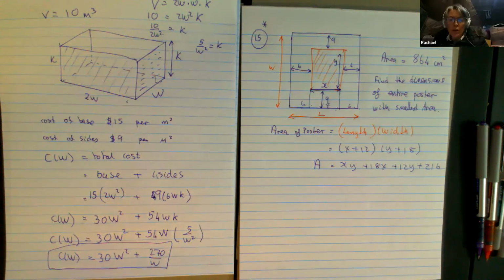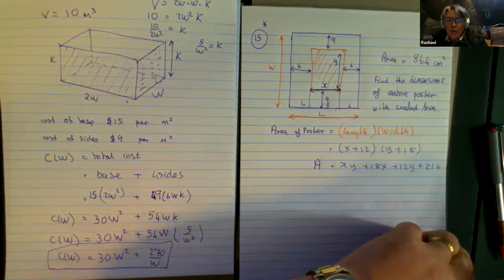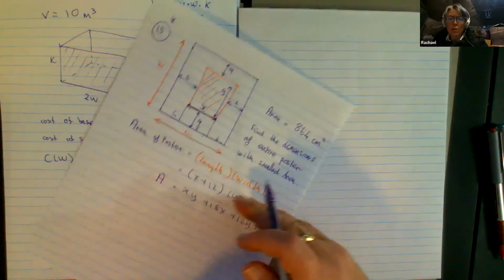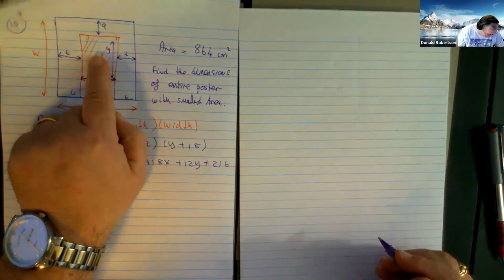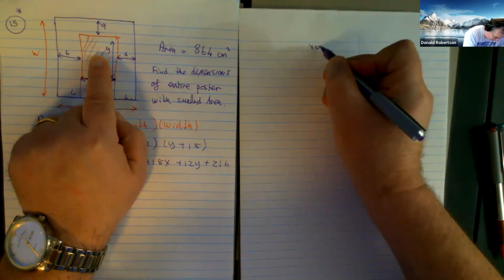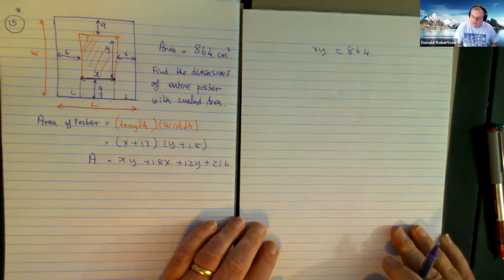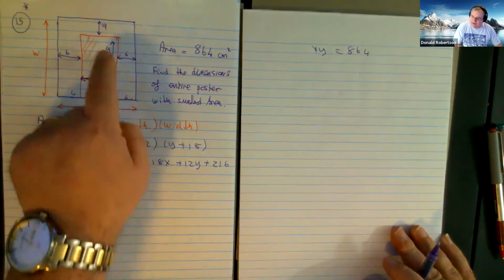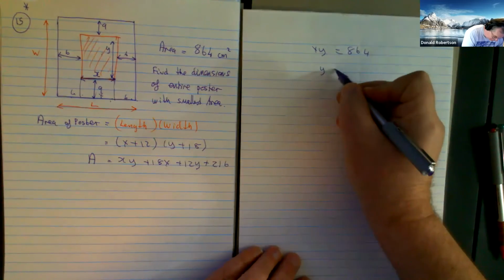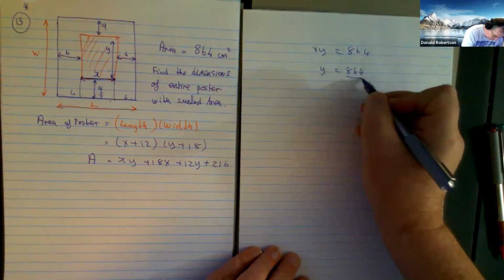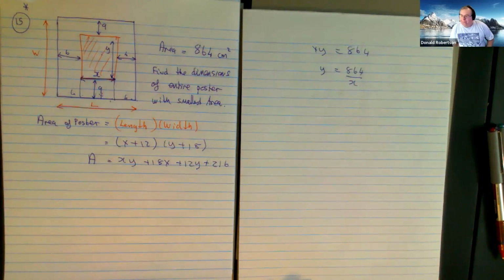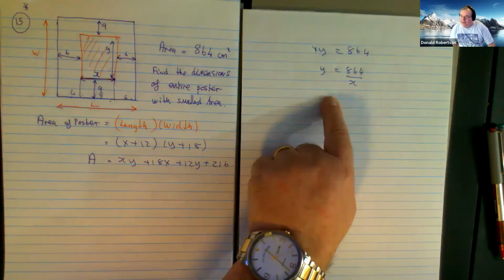Well, you already know the area is 864 centimeters squared. So let's use it then. Isn't the area of this guy xy, and it's 864, agreed? Right, x times y, that guy. And so if you divide both sides by x, don't we get our y guy? Y is in terms of x.